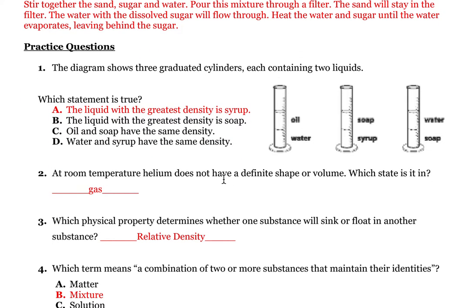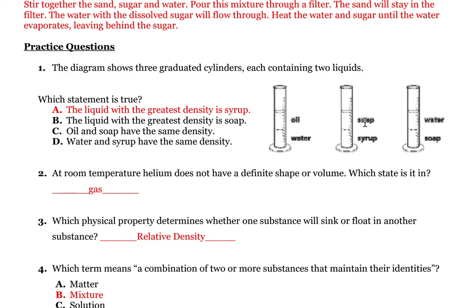Practice questions. Number 1. The diagram shows 3 graduated cylinders, each containing 2 liquids. So we have oil and water, soap and syrup, water and soap. Which statement is true? A, the liquid with the greatest density is syrup. Because syrup is on the bottom, soap is above syrup. Soap is below the water, so water should be in the middle, and then you should have oil.